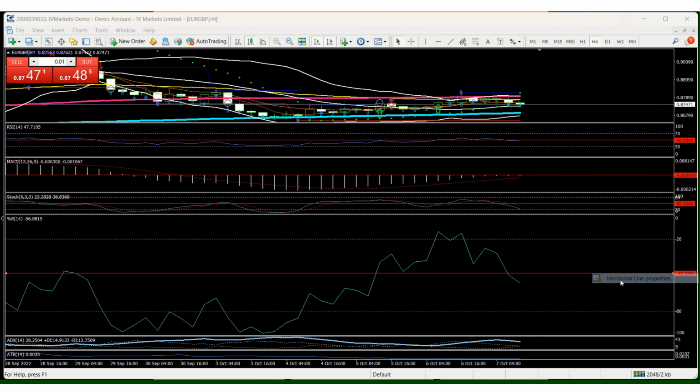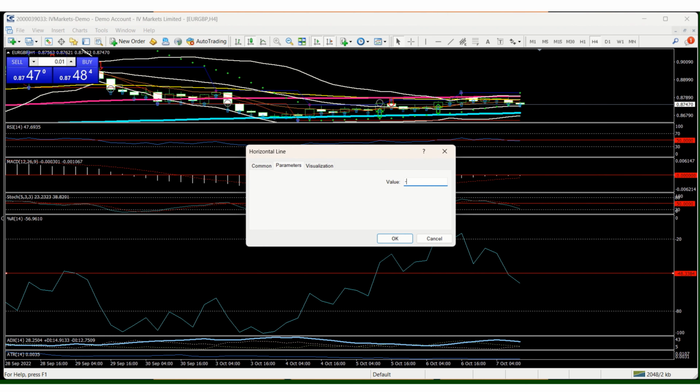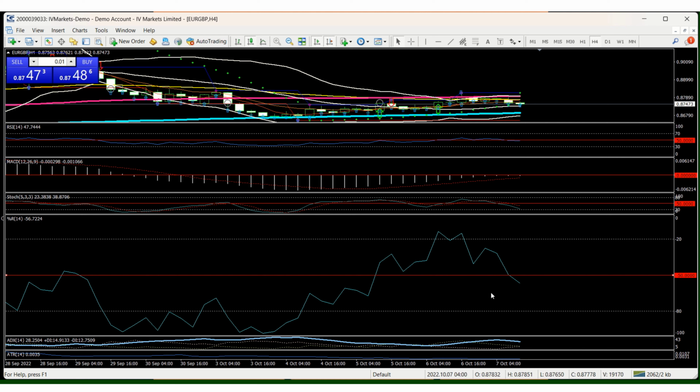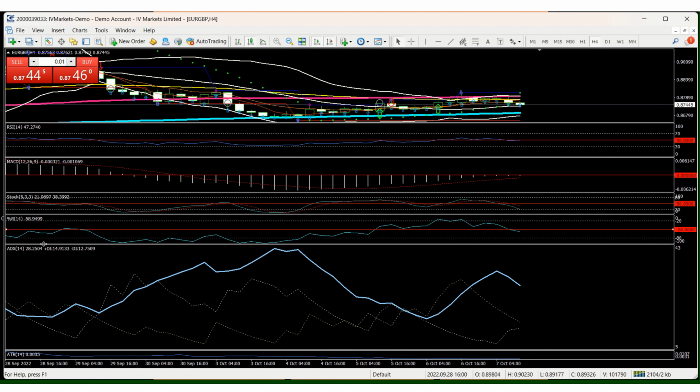Okay, so here as I can see, this is minus 56.8019, which again tells me that it is good to sell, as the range that we can see is minus 50 to minus 80. It's a position where it says it's a downtrend and it is good to sell.